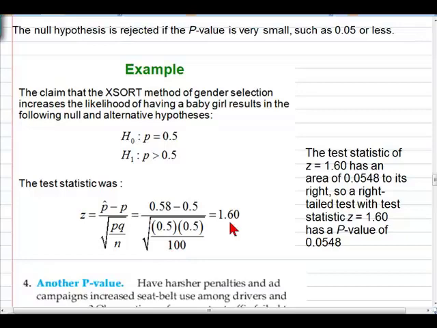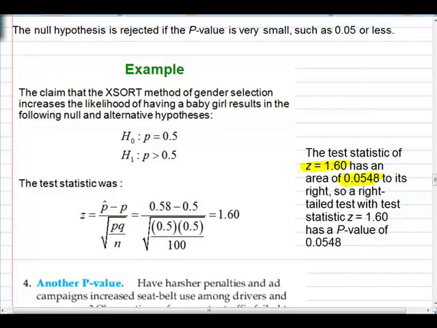That ends up giving us a 1.6. So this test statistic of z equals 1.6 has an area of 0.0548 to the right. That's the p-value right here. This value right here is the p-value, and this value right here is our test statistic.